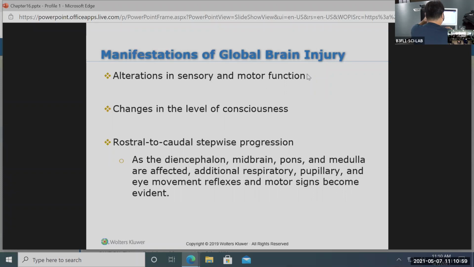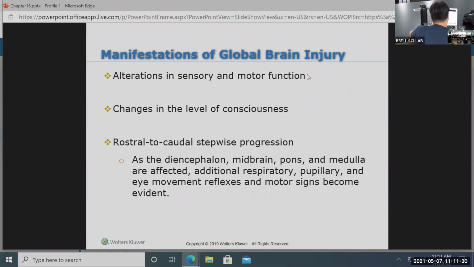Now, the diencephalon is made up of the thalamus, hypothalamus, epithalamus, and metathalamus. I'm not going over those. Remember, the important parts of the diencephalon are the thalamus and hypothalamus. Then the midbrain, pons, and medulla are affected.